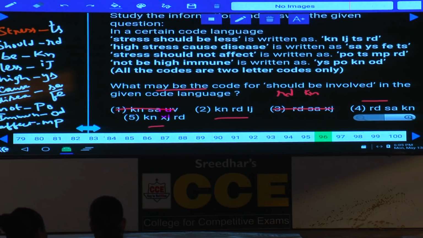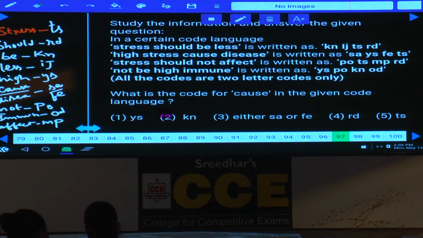IJ cannot be the code to the word involved, because IJ is the code to the word less. SA also cannot be, because SA is the code to either cause or disease, so choice 5 is ruled out. RD and KN, and what is left over here is XJ. XJ is the code to this, 96.